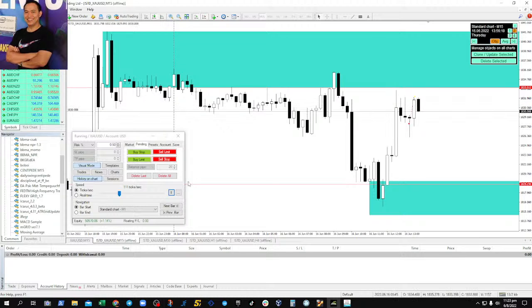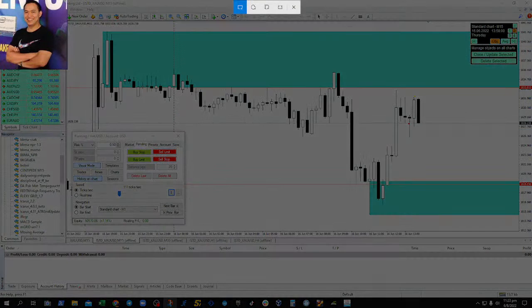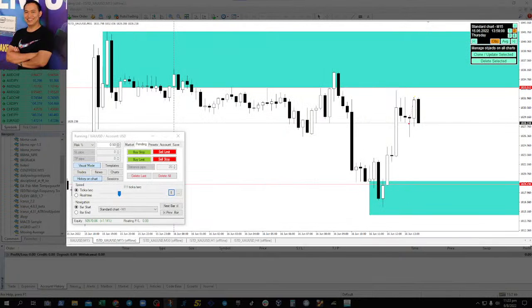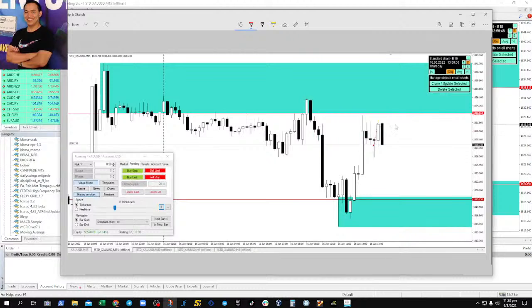Okay, there's no clear indication of where the price will go, but anyhow, I need to journal this one. So it's an easy trade basically. Break low.